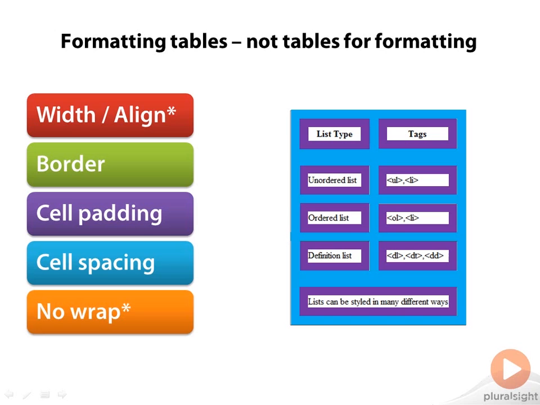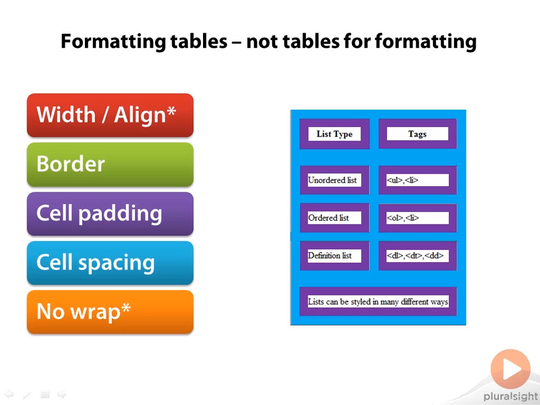And finally, we have the notion of no wrap. This doesn't get used as often and can certainly mess with the layout of your table. But one of the things you can do on a particular table cell is add a no wrap attribute indicating that you don't want the content within that cell to wrap based on trying to size the table, based on the width you've applied up top, or based on the width of the visible page that the client has to render with.